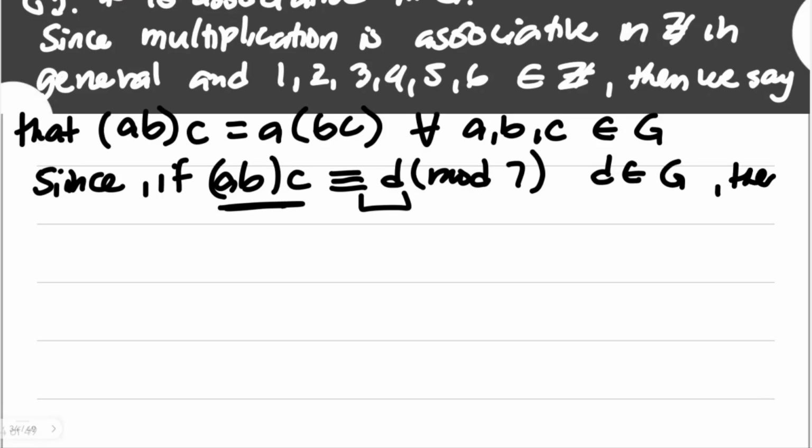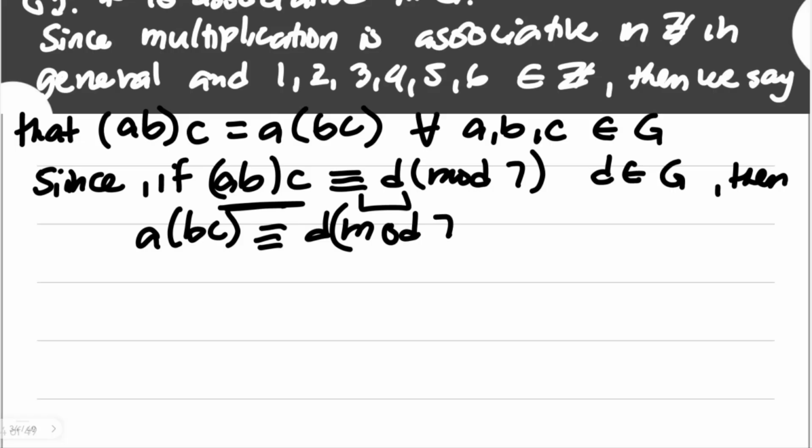Then A times the grouping B and C is also equal to the same value of D modulo 7.